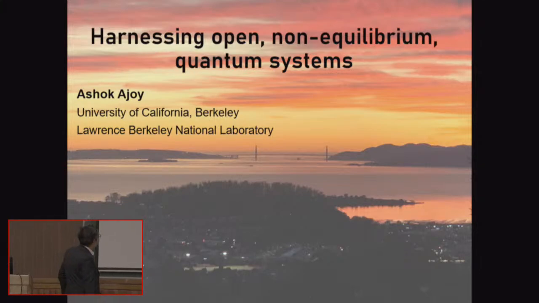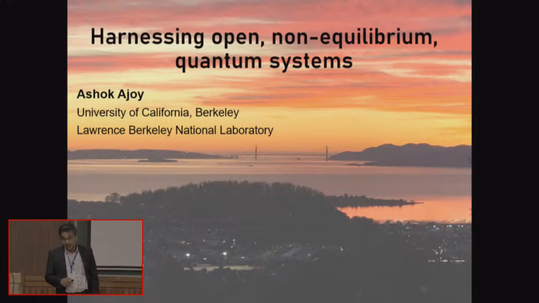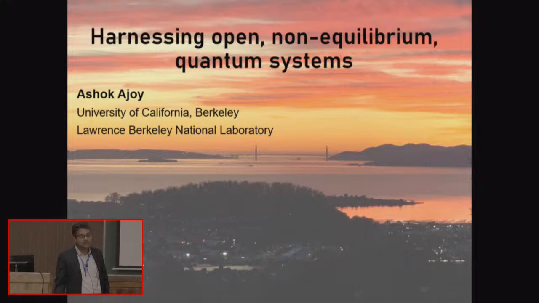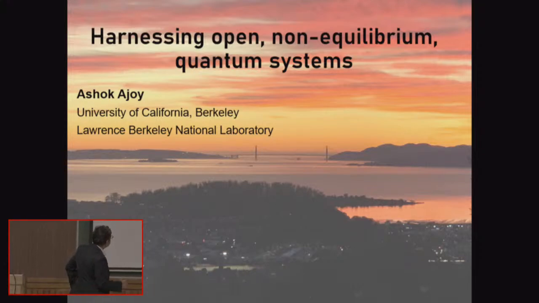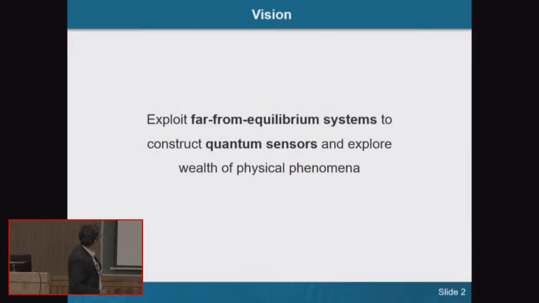So we are indeed looking at open quantum systems, systems that are far from equilibrium, that we excite in spins. These are electrons or nuclear spins. But then I'll show you the frontiers of what one can achieve with these sorts of systems. I'm representing UC Berkeley and Lawrence Berkeley National Lab in California. So what I'm going to tell you today is how we can exploit far-from-equilibrium systems.